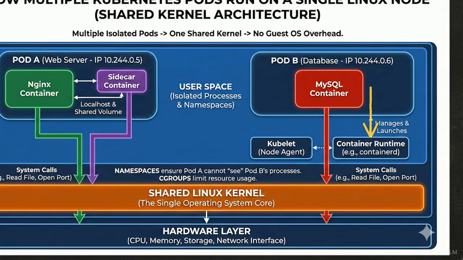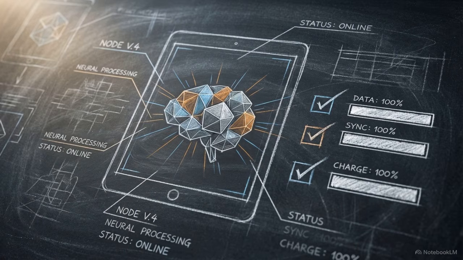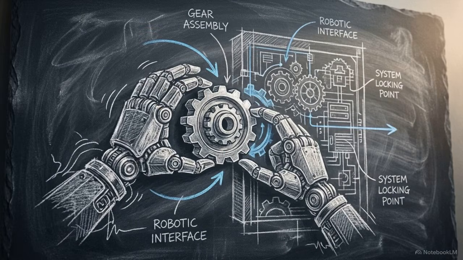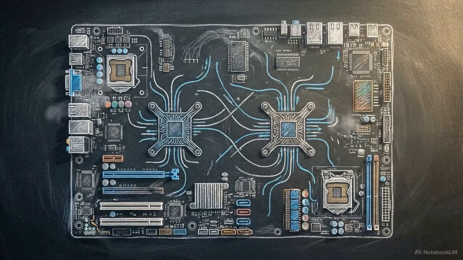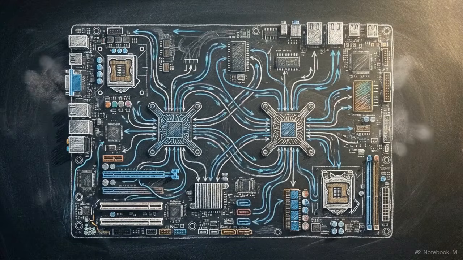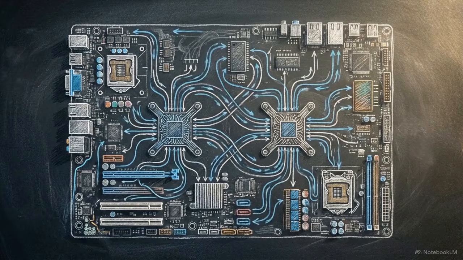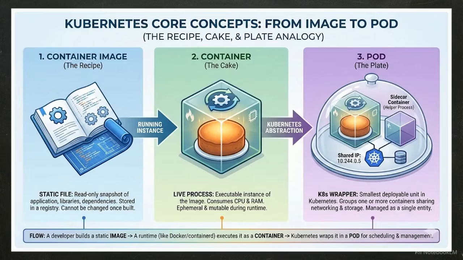Then, the container runtime, the mechanic, takes orders from the kubelet to build the isolated spaces where code lives. In this relationship, the kubelet is the brain enforcing the desired state, while the runtime provides the muscle required for low-level execution. Without these two managers working in tandem, it would be impossible to safely coordinate multiple workloads sharing a single kernel.